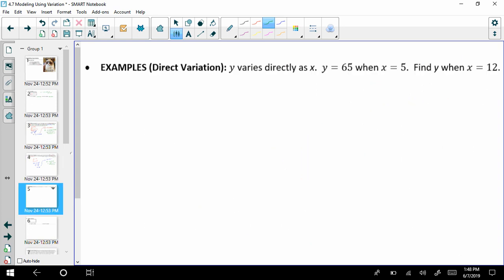Okay, same thing, only this one is not in a story problem setup. So y varies directly as x. There is that key phrase. So I know I'm going to start with this. And I'm going to use y and x this time. So it's great. That's good to go. Now let's see. Okay, they give me y is 65 when x is 5. So let's stop right there and use that to figure out k.